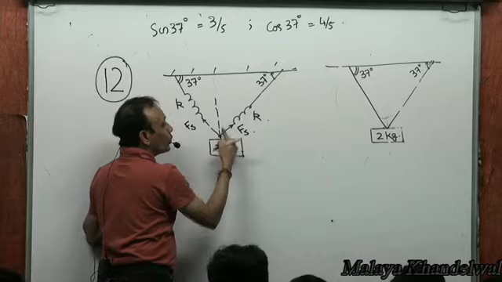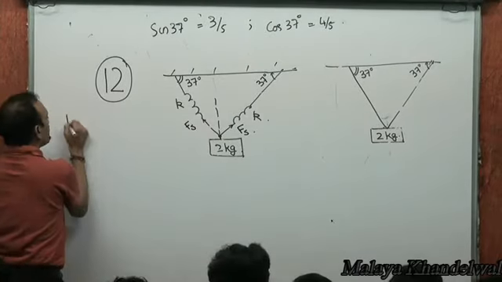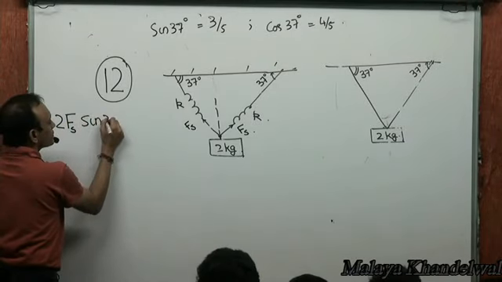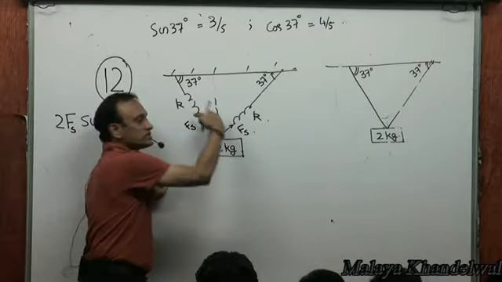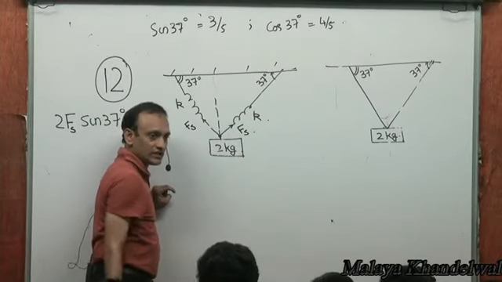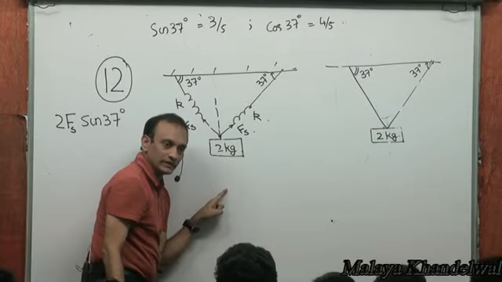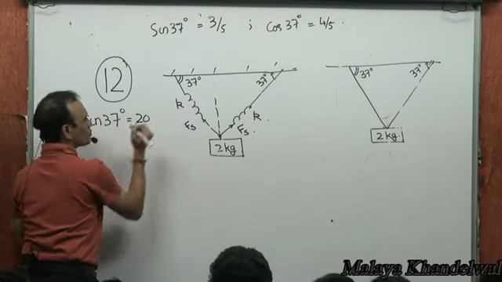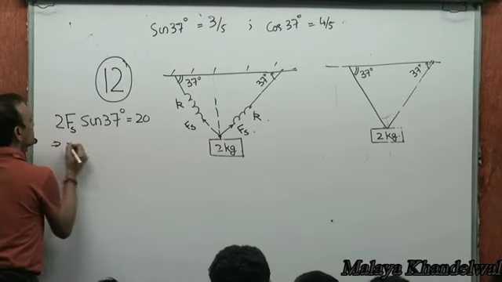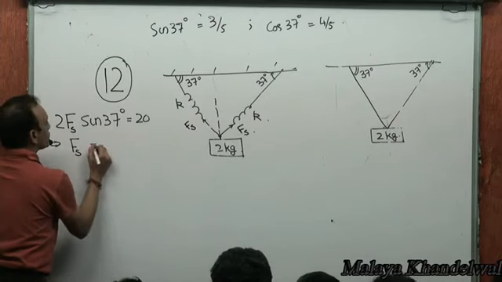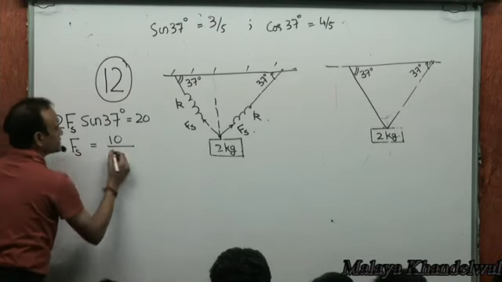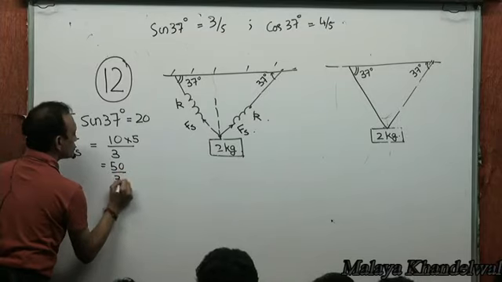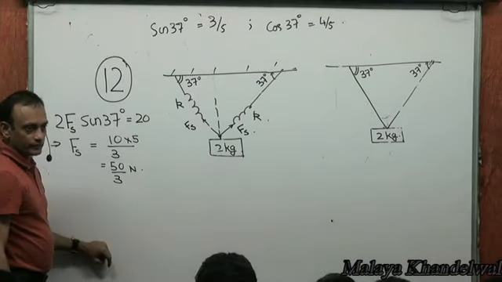That means the vertical components of these two forces are Fs sine 37 degrees each, and they must take care of the weight, 20 newtons. This gives me Fs equal to 10 divided by sine 37 degrees, which is 3 by 5, so 50 by 3 newtons initially.